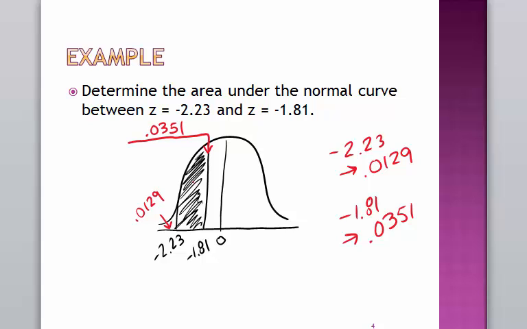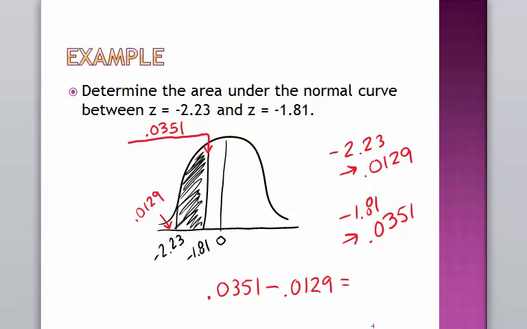And so let's look at how we find the area of the shaded region. So we know that the area 0.0351 is the area of the shaded region combined with the area in the left tail right here of the curve. And so we're going to need to subtract. So we're going to take the total, which is 0.0351, and we're going to subtract off the part we don't want, which is the 0.0129.